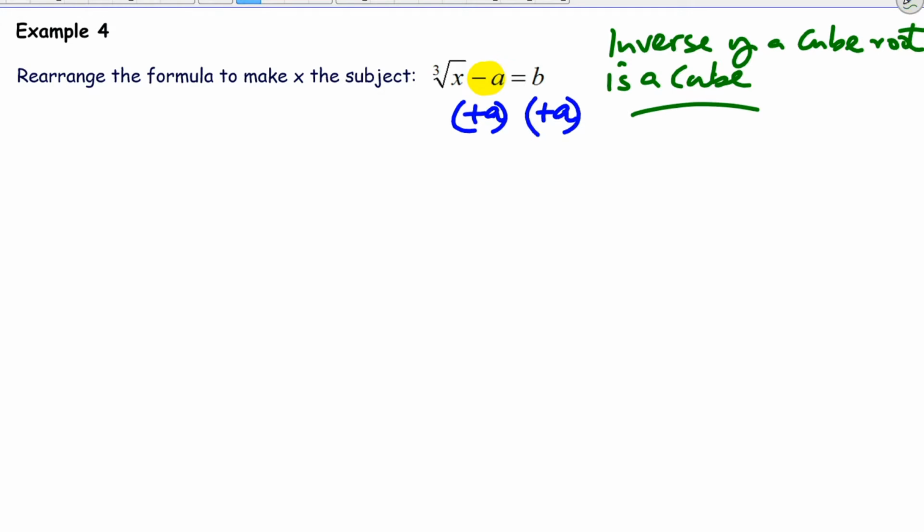So what we shall be left with is the cube root of x is equal to b plus a, because negative a plus a will be equal to 0. And then the next step is just cubing, because we want to undo the cube root. So you can cube each side.